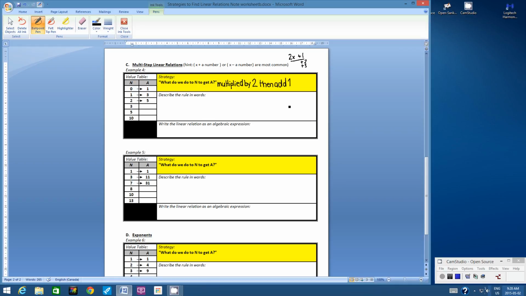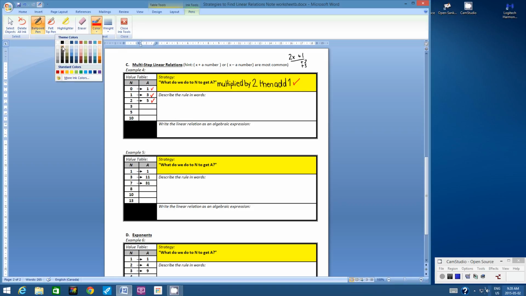I've already checked it, but it's important that we keep the same strategy going. So multiply by 2, then add 1. Let's check them. 0 times 2 is 0, plus 1 is 1. 1 times 2 is 2, plus 1 equals 3. 2 times 2 is 4, plus 1 equals 5. So we know that those three work for this strategy.